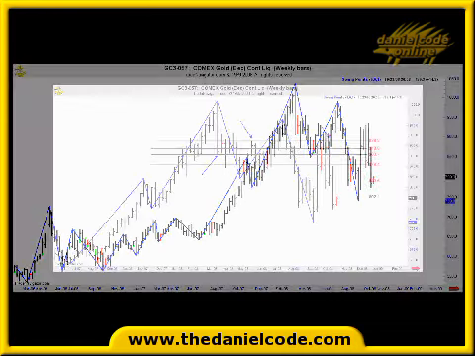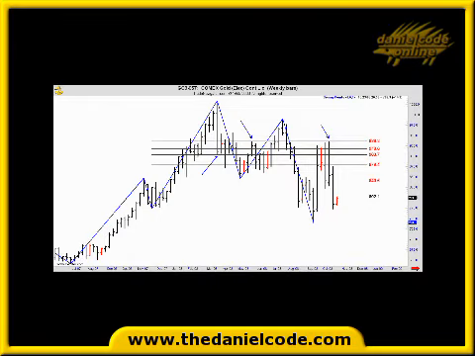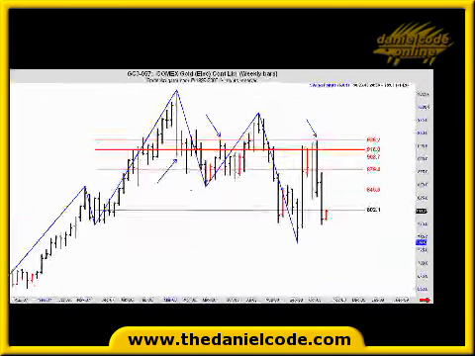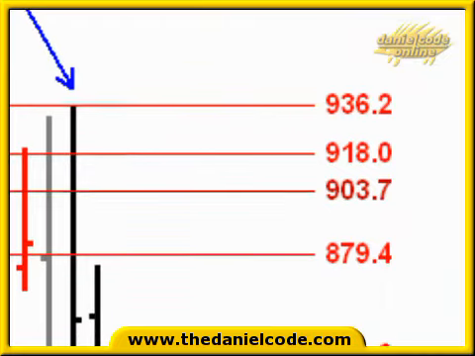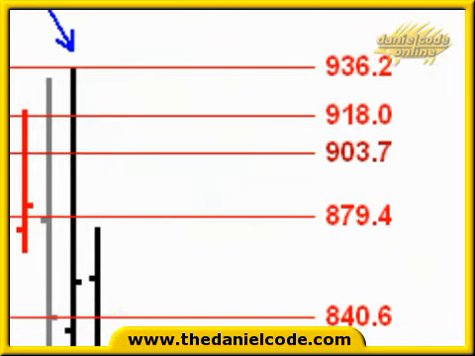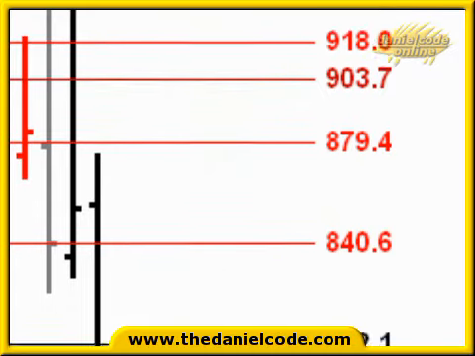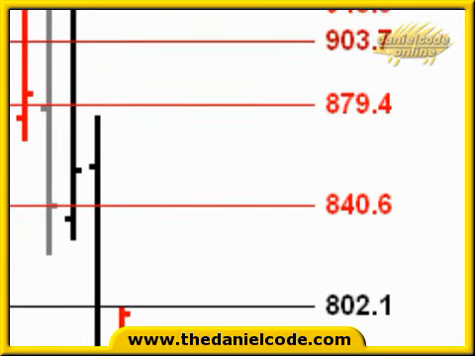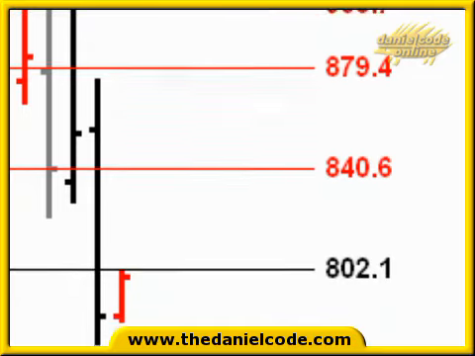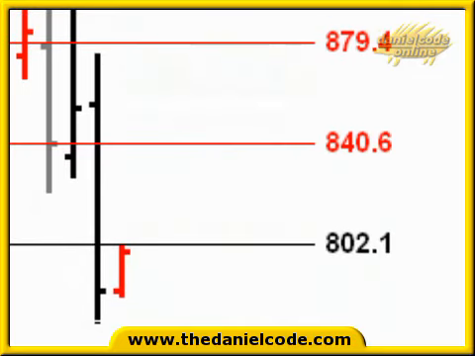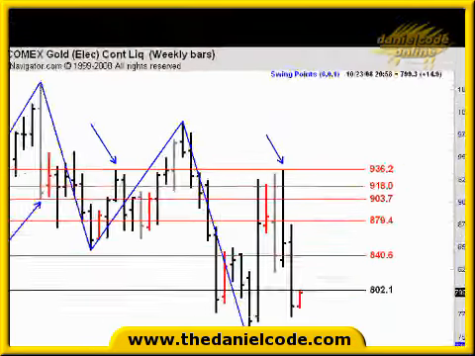The next chart, chart 11, introduces you to the other coloured lines in the Danielcode packages, and these are red lines and one black line. And these are retracements, and the difference is that these lines are measured as a percentage of the previous swing. So we're now looking for price action within the swing.